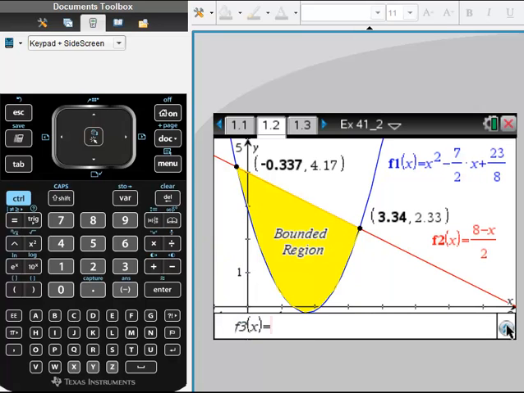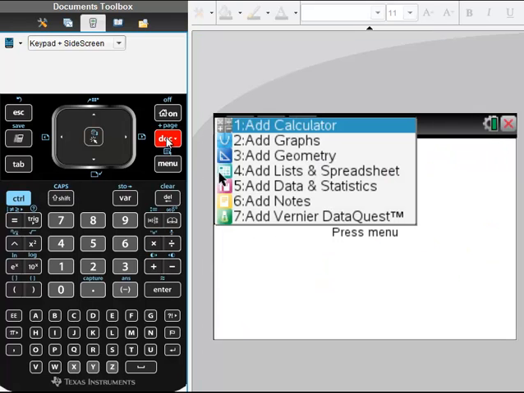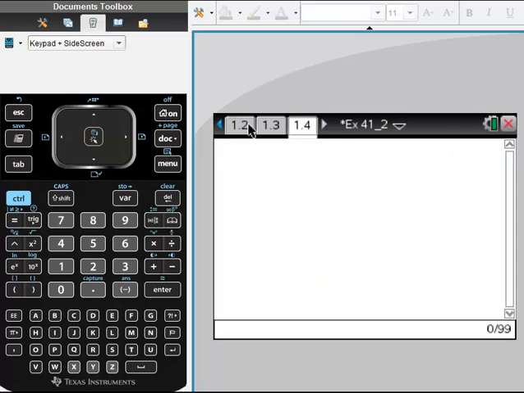Okay, we're ready to try for an exact solution for these points of intersection, but to do so we need to go to a calculator application. So let's do a control add page, add calculator, and let's go with a solve f1 of x equal to f2 of x, x as the variable, enter.